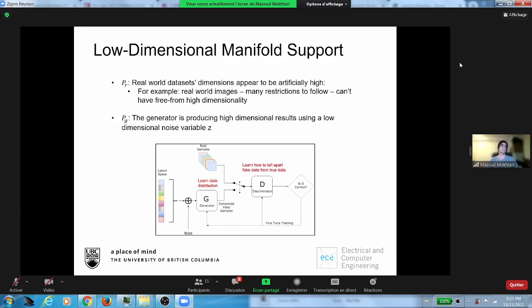For example, images are very high dimensional, but they just appear high dimensional because a lot of real-world images have to follow many different restrictions. For example, if you have images of dogs, then you know it has to have 2 eyes, 2 ears, and so on and so forth. So it has some restrictions under the hood that it has to follow, and it can't have just free-form high dimensionality. Under the hood, it's a lot lower dimensional than what it appears to be.